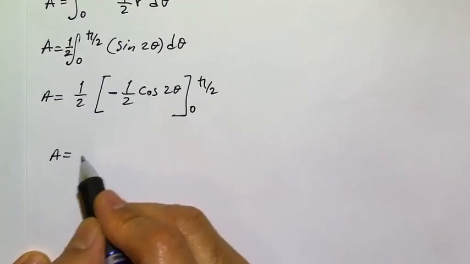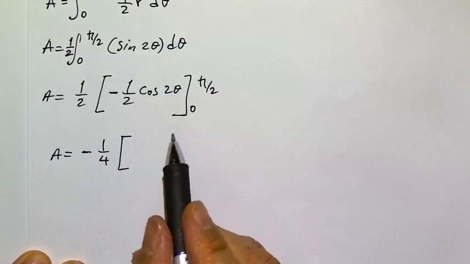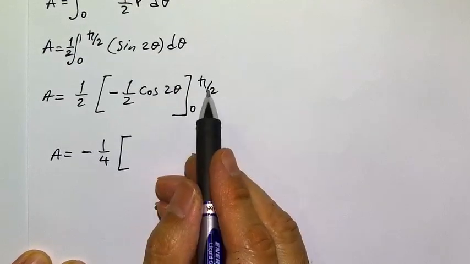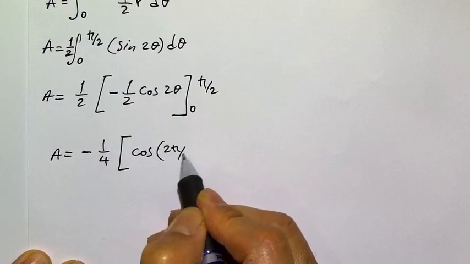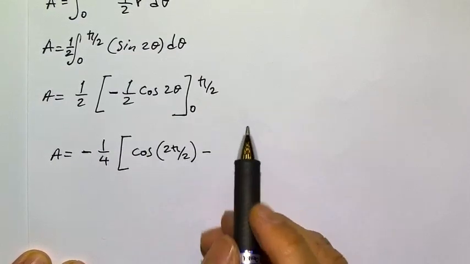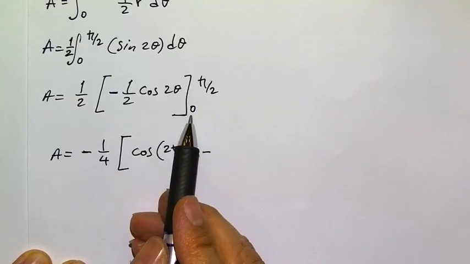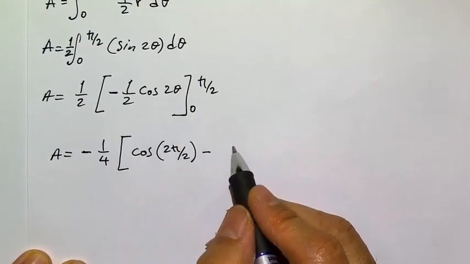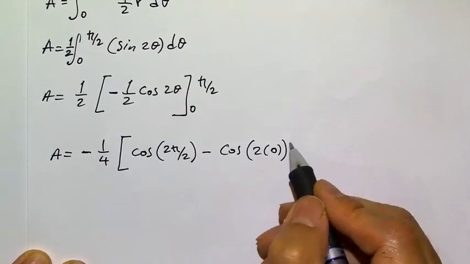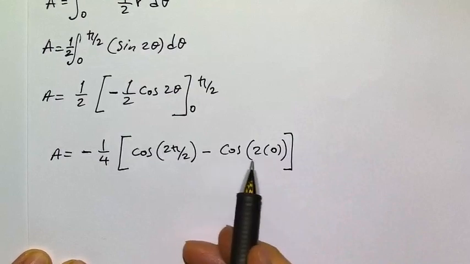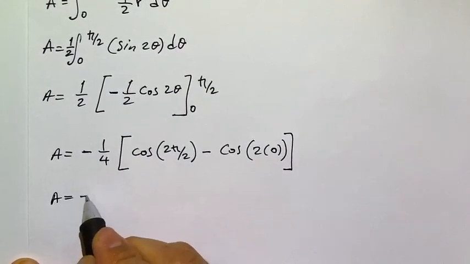So we have minus 1 over 4 times cosine of 2 times pi over 2, minus, and here we have to be careful because we have a cosine at 0, right? So cosine of 2 times 0, and that's going to be a non-zero value there. So let's be careful there.